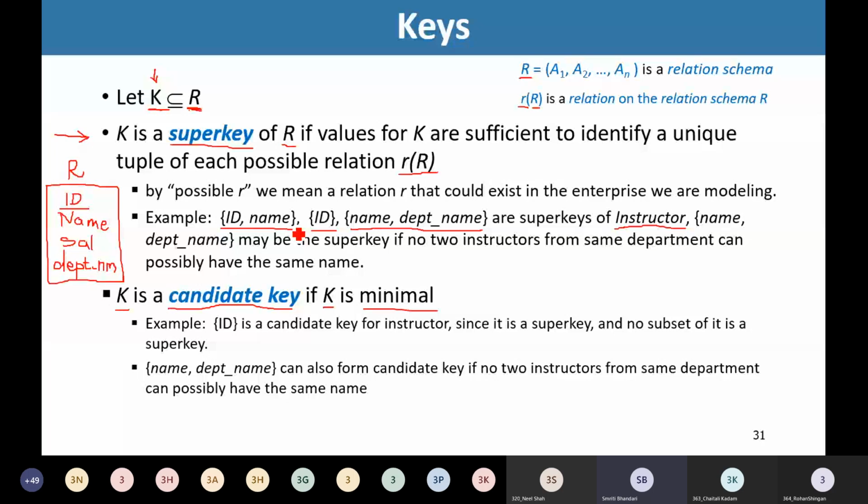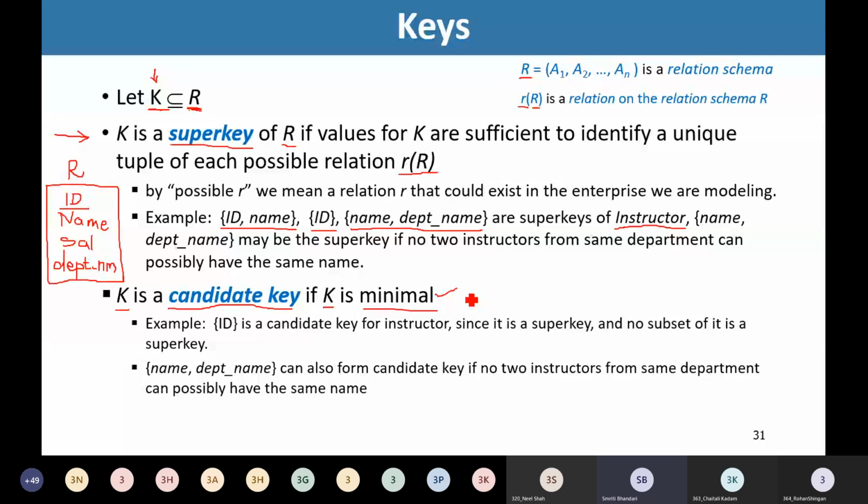Once again, I repeat, if we are having a super key for which there is no subset of that super key which is also a super key, then we say that this super key is minimal, and that super key can be picked up as my candidate key for the relation.